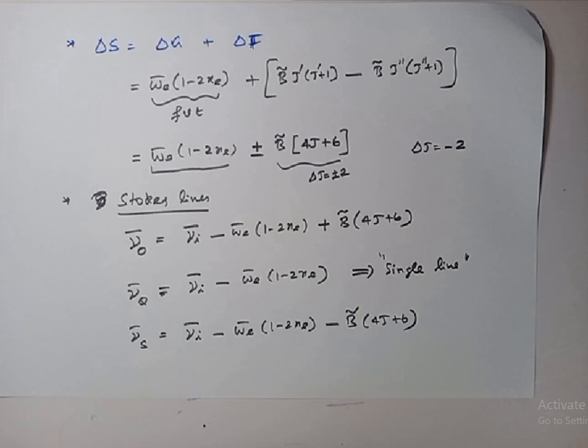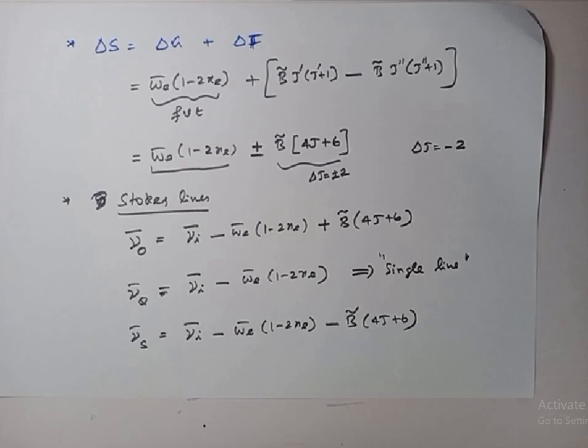For S branch, delta J is plus 2, right? Delta J is plus 2. Okay. If you put delta J plus 2, what will I get? Any idea? We have discussed already. Just go through previous papers. We have already discussed what happens if delta J is plus 2, what happens if delta J is minus 2.